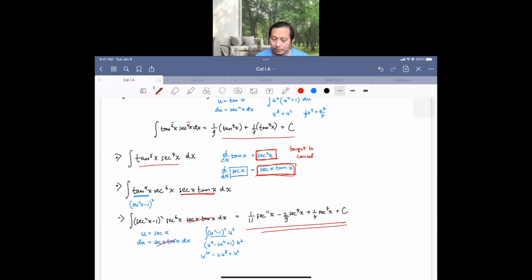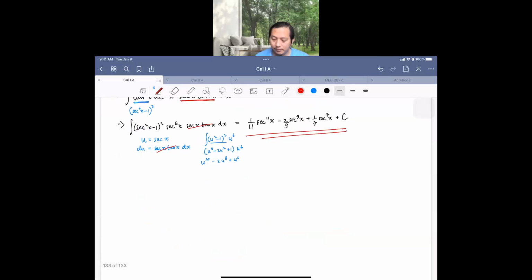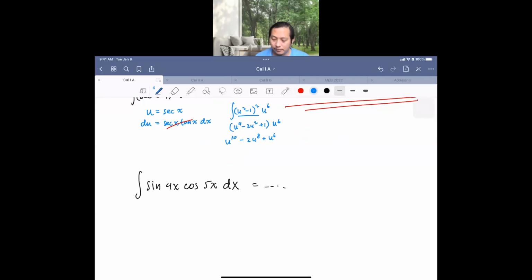One way to solve the trigonometric integrals is using some identities. For example, if we have sine 4x and cosine 5x dx. If we look at this integration, we could see that we have two elements, sine 4x and cos 5x, and we can derive and integrate both of them simultaneously.